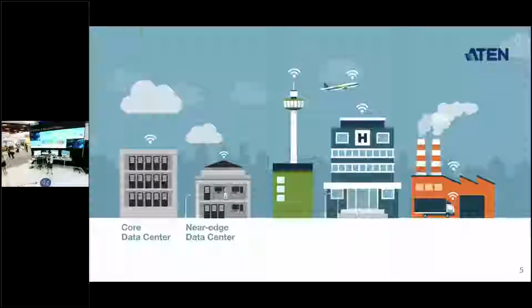So I always tell my PMs, whenever there is a computer, there is a chance for KVM applications. When the edge devices are getting smarter and smarter, we have found that they use KVM more, and they give ATEN lots of new opportunities.